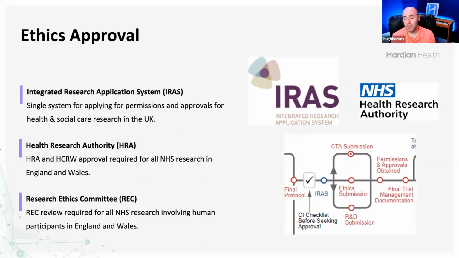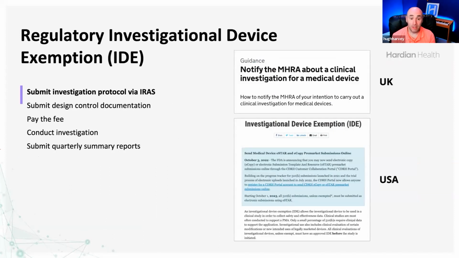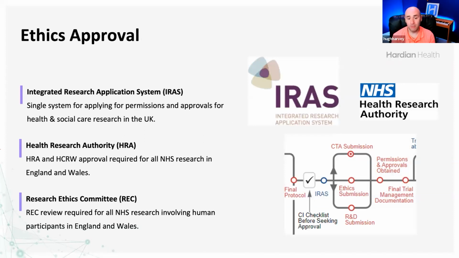So always inquire early. You can always put in an early trial design, investigation design, and get feedback as well. And you should be working with someone who's GCP trained to make sure that the investigational design meets all of the standards, because if it doesn't, the HRA will only come back and say you haven't met the standards. So you can try and avoid that feedback loop. They will appoint a research ethics committee known as a REC.